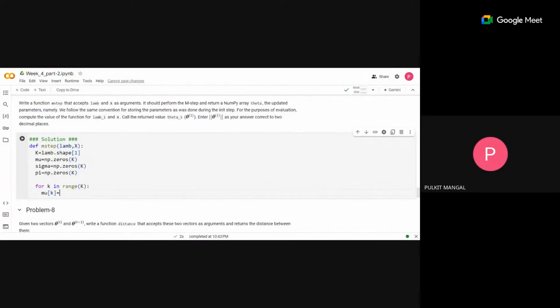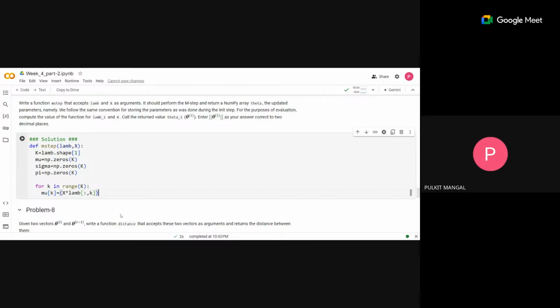So mu k is, first I need the kth column, so lamb by k. Now I will multiply this with x, the data matrix. And whatever you will get, you have to sum this.